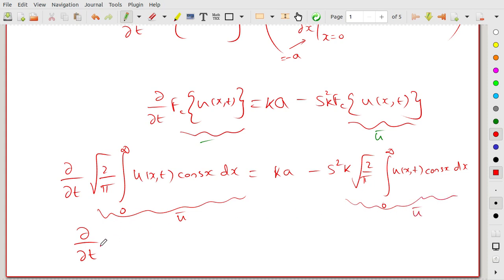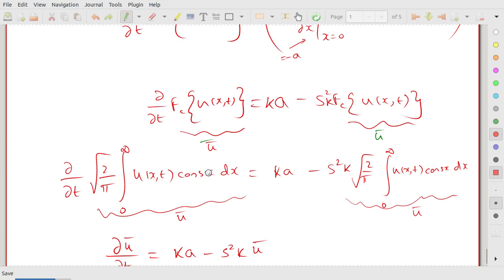If we write this as u bar, then we will have ∂u bar/∂t, because this full integral is nothing but our Fourier cosine transform of u of x. I am writing this as u bar. So ∂u bar/∂t equals ka minus s square k into u bar. Here also we have u bar.